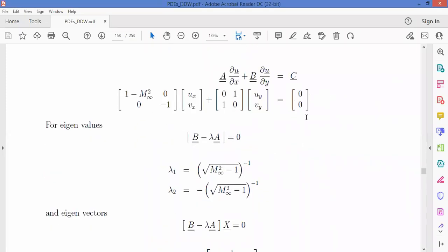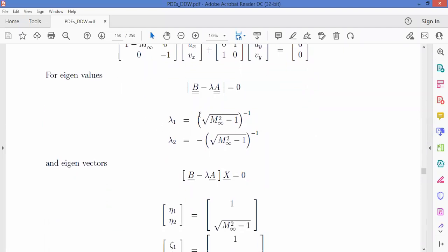Okay, so from this, we can now go ahead and solve. Now, guys, you surely remember very well if you're dealing with eigenvalues and then eigenvectors. So you have your B minus lambda A, which is equal to 0. And you are going to look for the eigenvalues. So you have that matrix and you have this matrix.